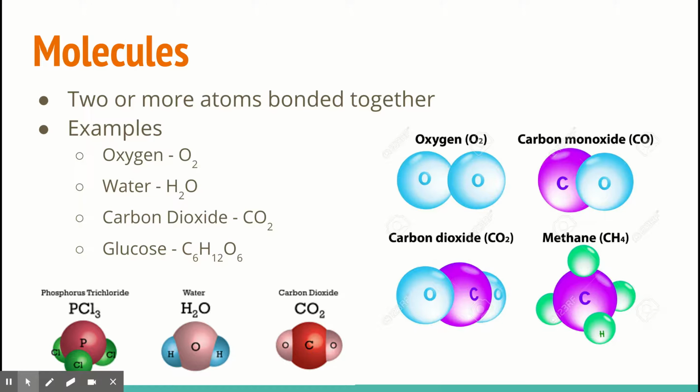There are two atoms of hydrogen and one atom of oxygen in water. We have carbon dioxide, one atom of carbon and two atoms of oxygen, and glucose. There are 6 atoms of carbon, 12 atoms of hydrogen, and 6 atoms of oxygen in glucose. And there are some other molecules pictured here as well.